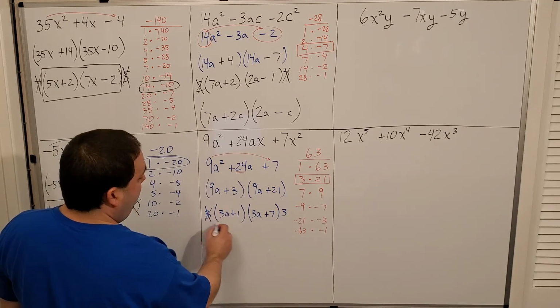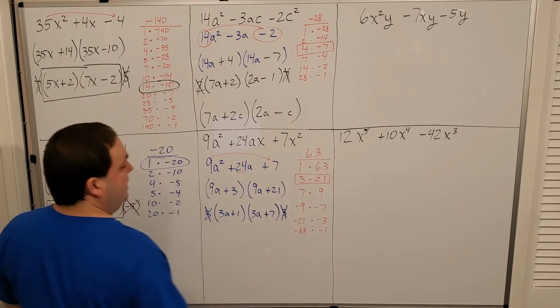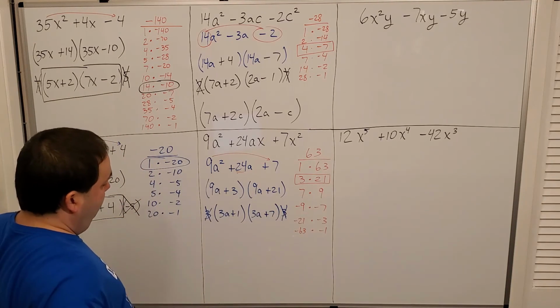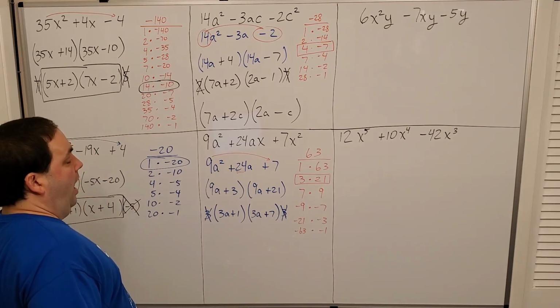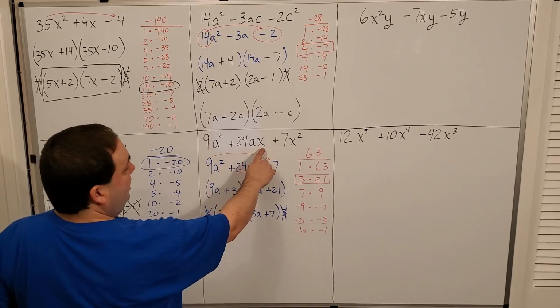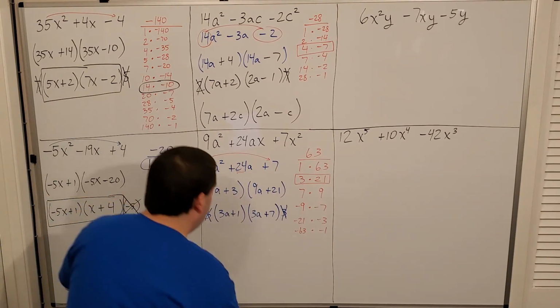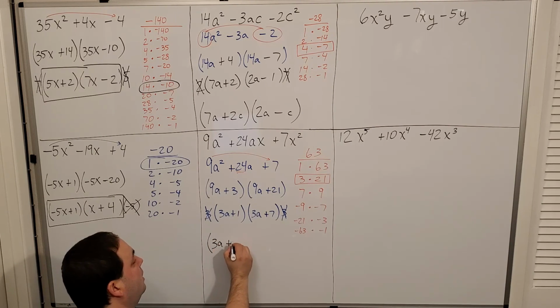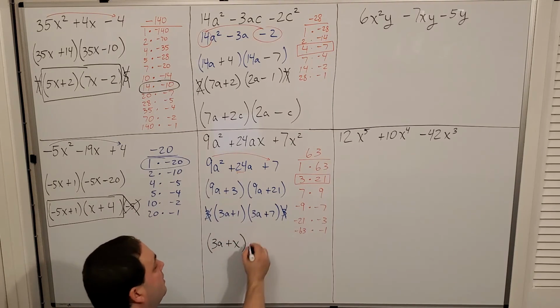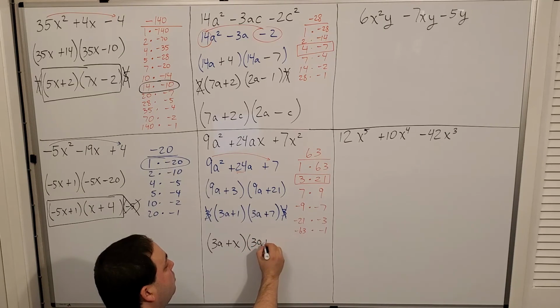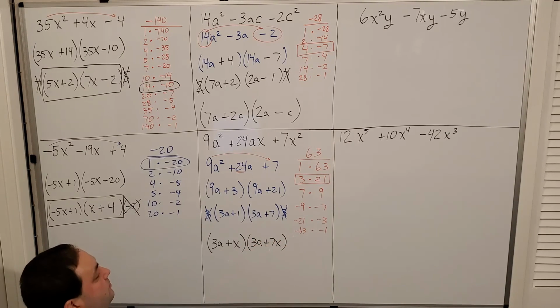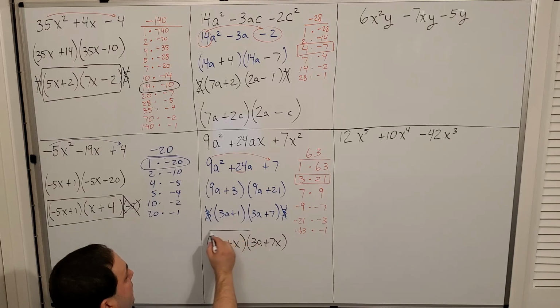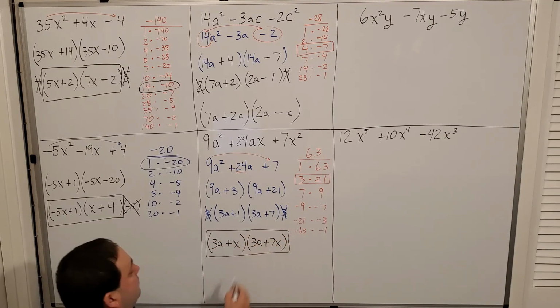I'm going to throw away both of these filtered out pieces, right? And I want to make it back to the official answer that has the x's in it. So I will have 3a plus 1x and 3a plus 7x as my final answer here. Okay?